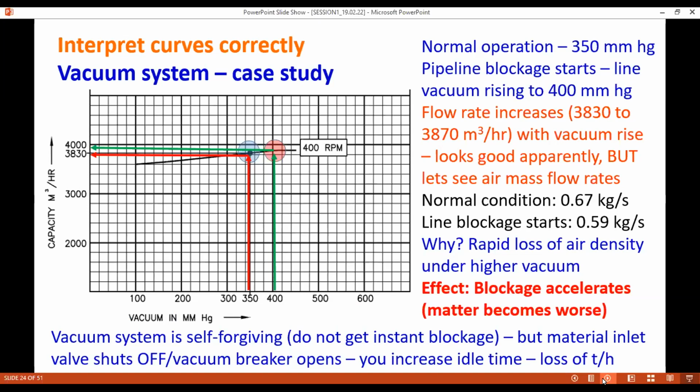And so your effective mass flow rate goes down exponentially. And as a result, you start to get further and further reduction in the airflow, leading to more blockages in the line. But one good thing I must say about vacuum system is it is kind of a self-cleaning system.